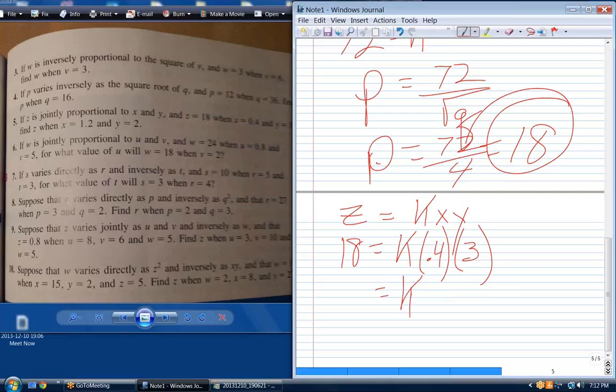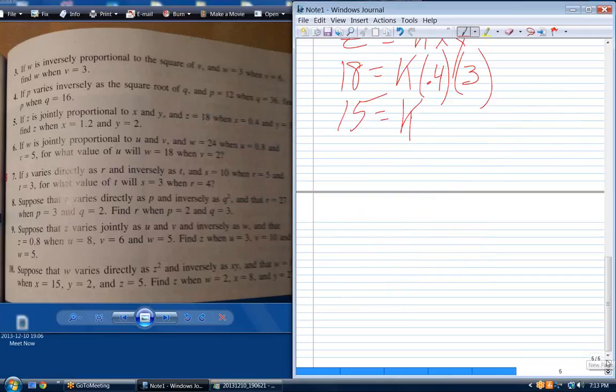18 equals 1.2K, and then divide, and you get 15 equals K. And the specific equation? Z equals 15 times X times Y. And the answer?